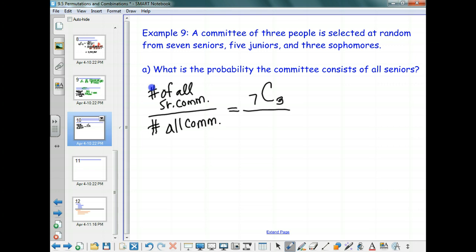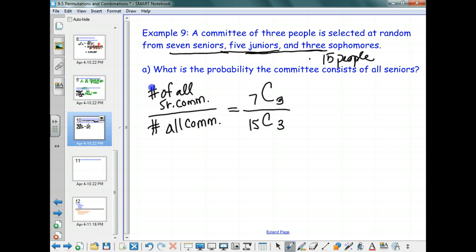But how many people am I actually picking from in the total number of possibilities? 15, because I have 7 seniors, 5 juniors, and 3 sophomores. So I have 15 people that I'm selecting from, and I'm still selecting 3 of them.